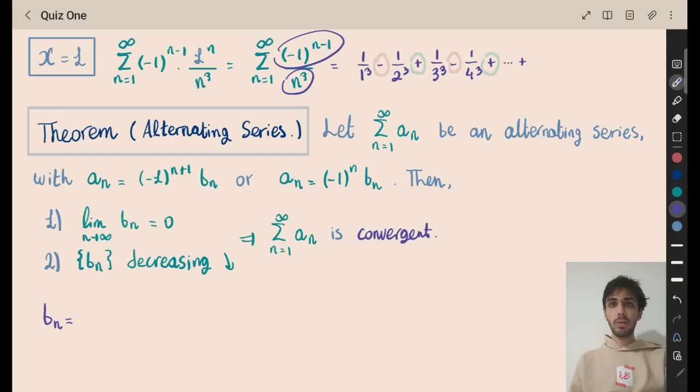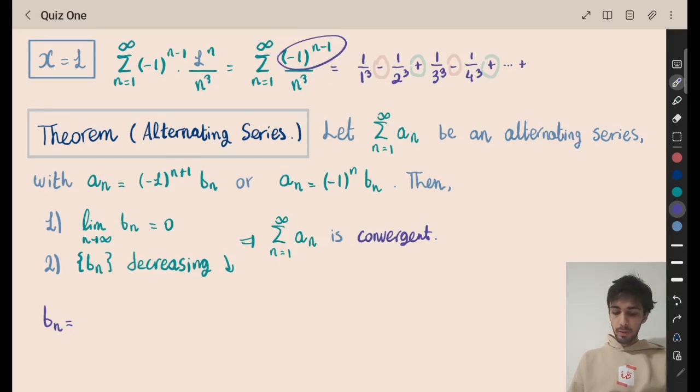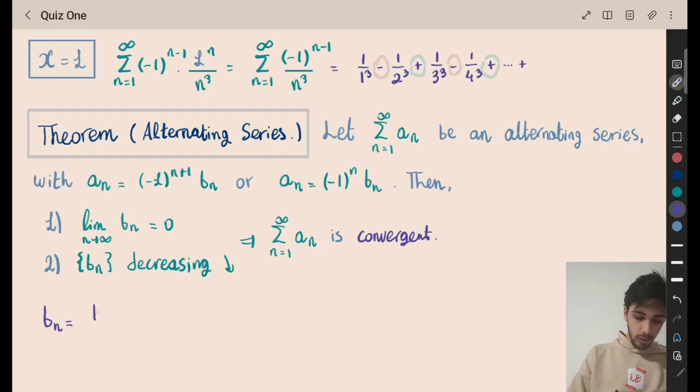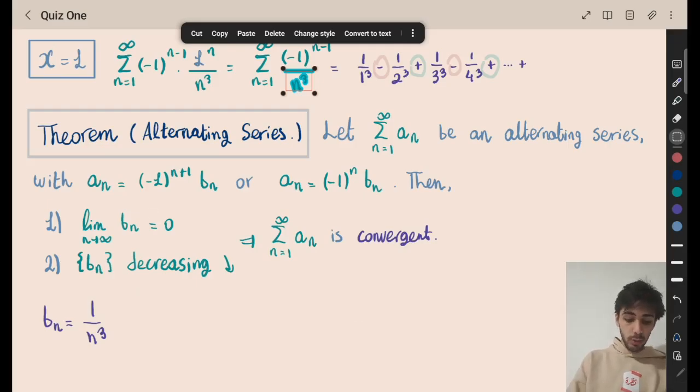That is the part that doesn't. And therefore, I can confidently write 1 over n cubed as the part that doesn't alternate. Now, for this Bn, which we've found to be 1 over n cubed, we would like to check two things.